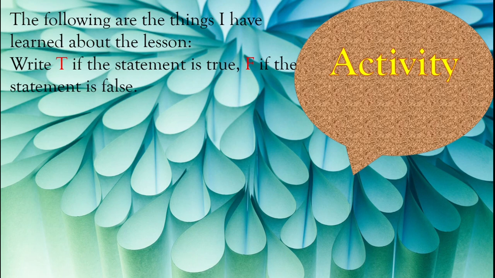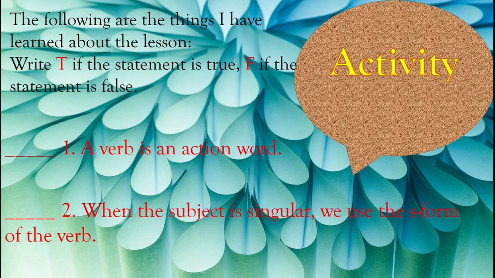The following are the things I have learned about the lesson. Write T if the statement is true and F if the statement is false. A verb is an action word. When the subject is singular, we use the S form of the verb.